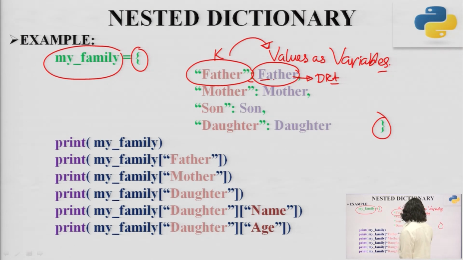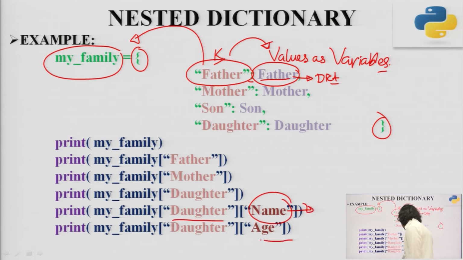So, here this father variable is a dictionary, and in this we are again linking to the key element which holds the parent as dictionary. The rest of the process is the same: whenever you try to access the name key element information of daughter, in the reverse order, you can make sense that we are looking for the age of daughter in my family.